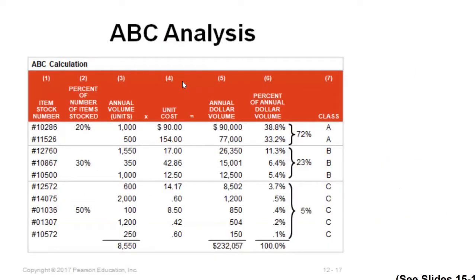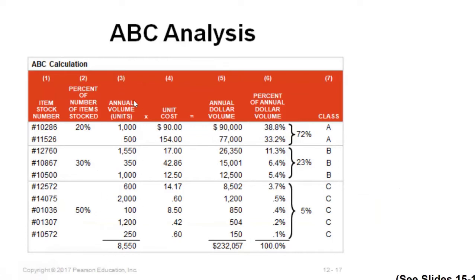So the example is this same example in the book. If you understand, you can see there, column 1 is the item, meaning the inventory. Column 2 is just an indication of how many percent, 20%, 30%, 50%.